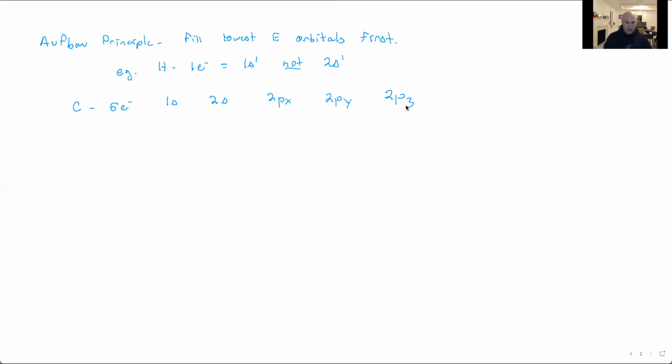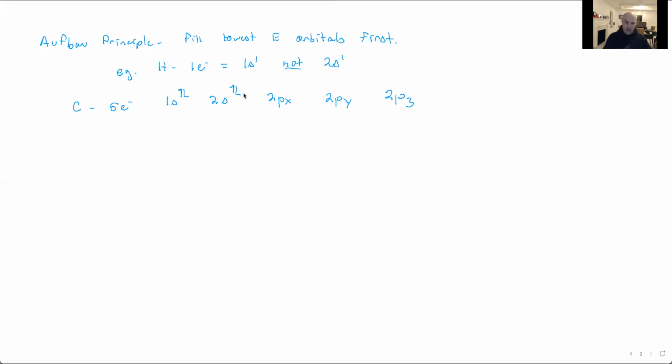We know that the 1s is lowest in energy, so the first 2 electrons are going to go there. The 2s is the next lowest in energy, so we put 2 electrons there. And then, and only then, do we start populating the 2p orbitals. Okay, so fill those low energy orbitals first.